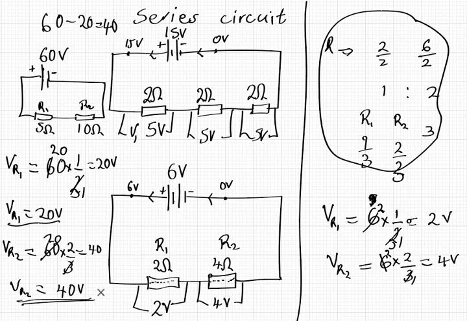And one important thing that we need to notice is, because this resistor is double this one, it is definitely going to get double the voltage compared to this one.